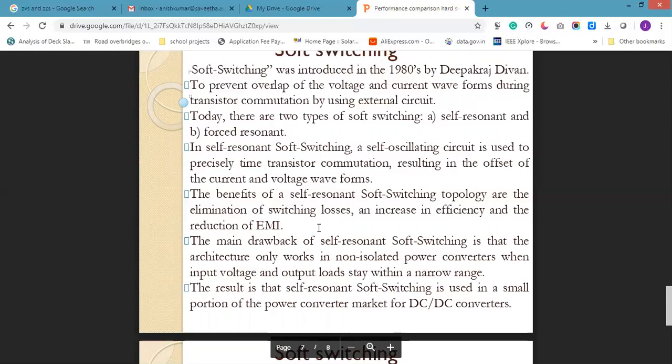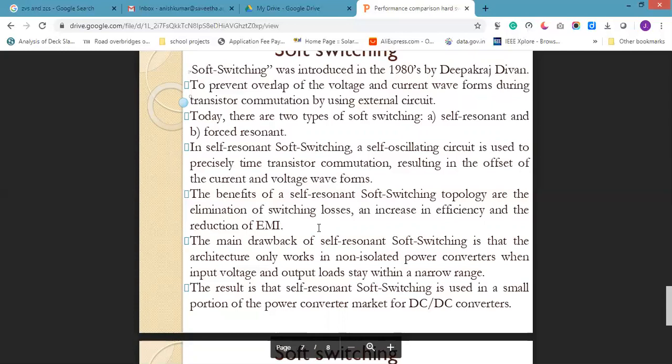You all know what commutation means: commutation means turn on and turn off. If you want to turn on and turn off any switch, we need some external circuit, and you also have to prevent the overlap between voltage and current.